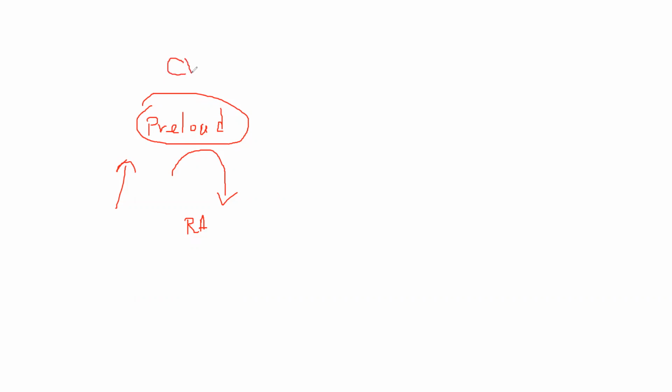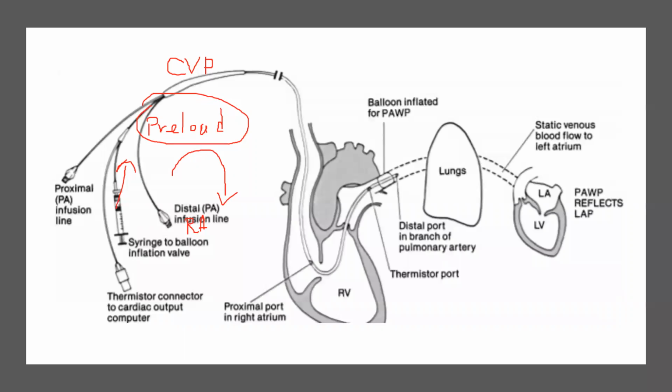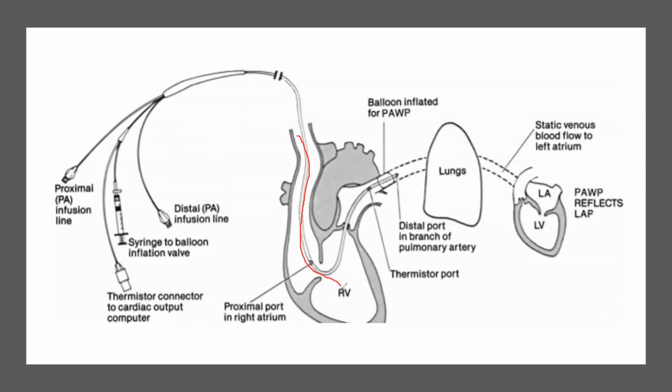So whenever we're measuring CVP, we're actually measuring preload, or right atrial pressure. Okay? So the insertion of the catheter from one of the main central veins, like the subclavian vein, for example, is characteristic of this particular catheter. So we go into the right atrium as well as the right ventricle. Here we are measuring preload.